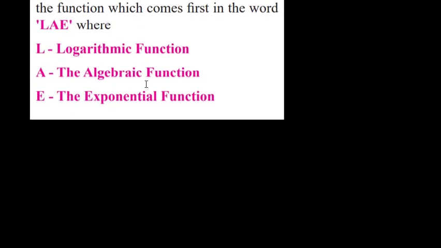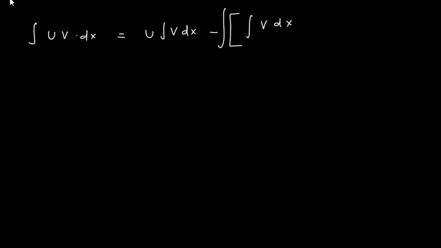Once again, write this expression: integration of uv into dx is u into integration of v dx minus, you take a big bracket. Before that you put the integration sign, and inside the bracket you have v into dx, into the derivative of u, that is du upon dx, and this whole into dx.